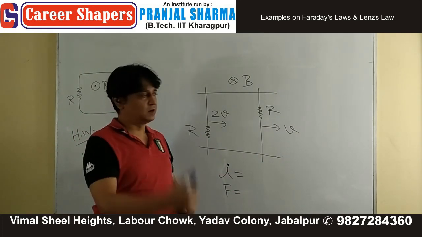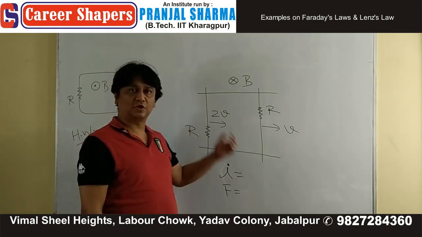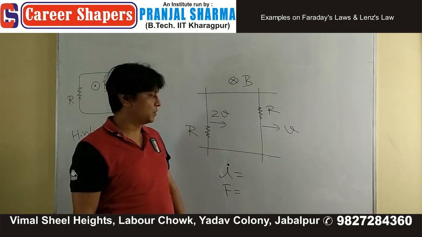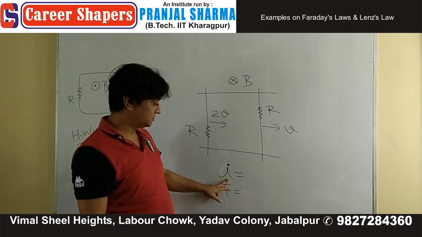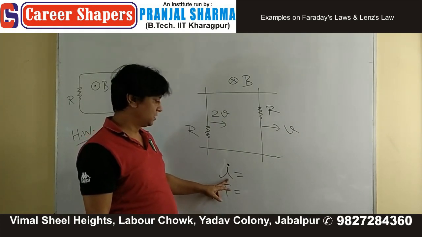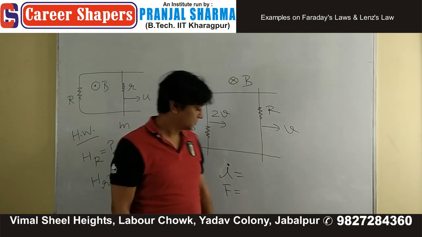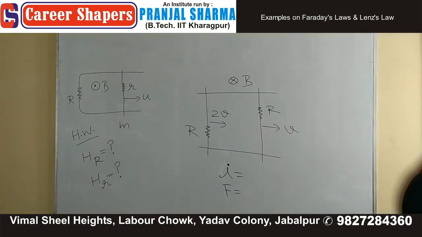Right now, in the comment box, give me the direction of current, like clockwise or anti-clockwise. And then, second part, you will write the current. And third part, you will write force on these rods. Step by step, answer these questions. And if you are active enough, you can answer these easily.